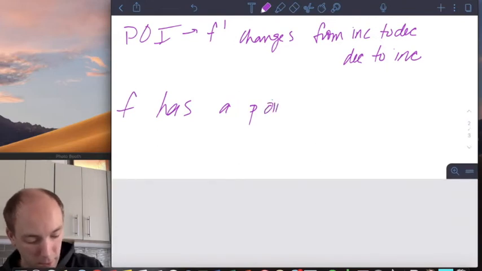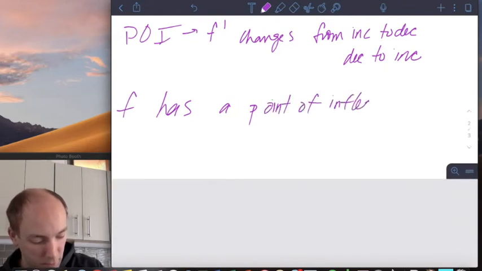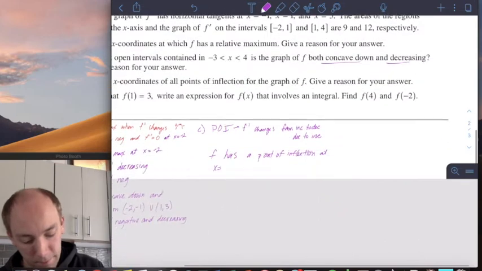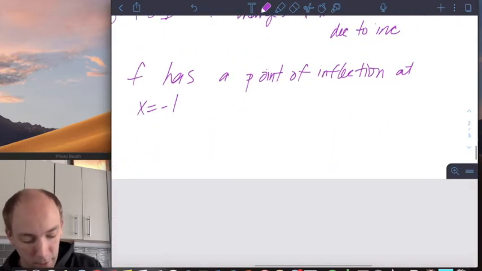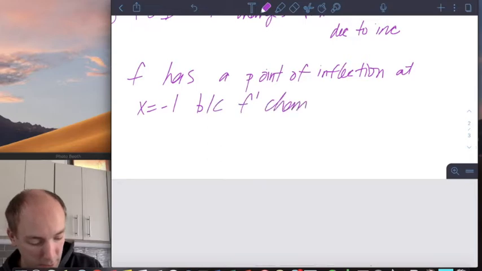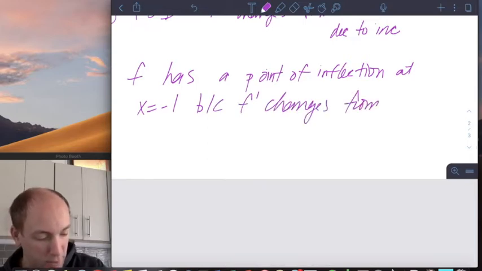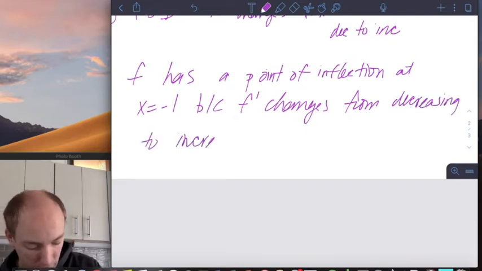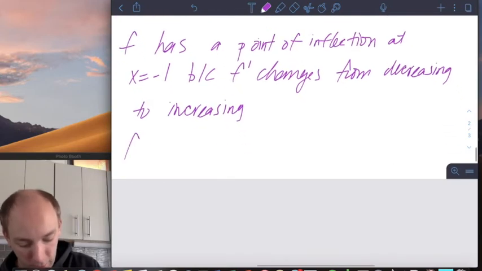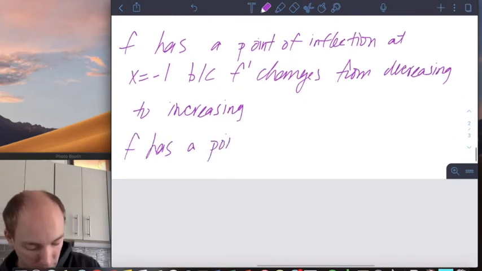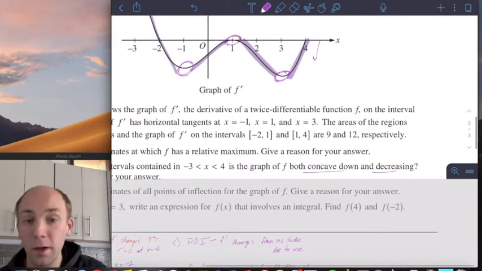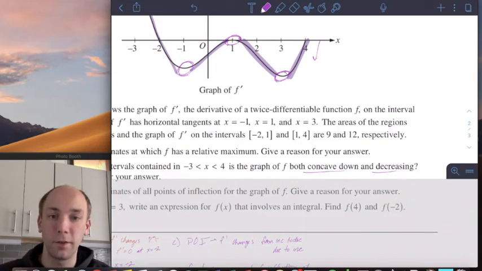F has a point of inflection at x equals -1. That was the first point, because f prime changes from decreasing to increasing. And then f has a point of inflection at x equals 1, and it looks like the graph is changing from increasing to decreasing.